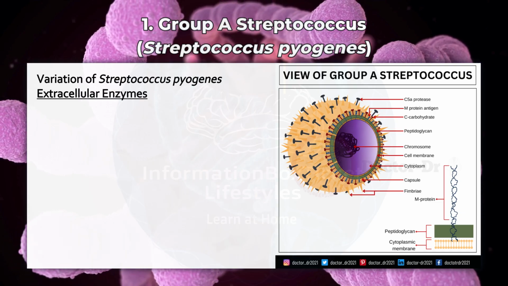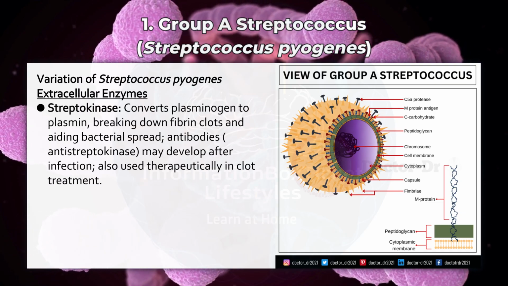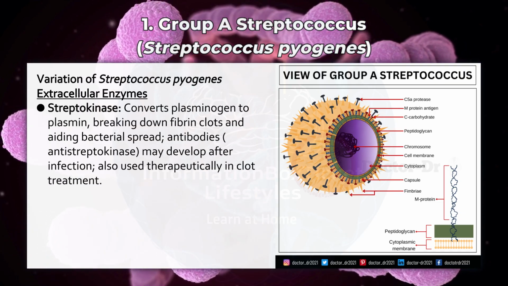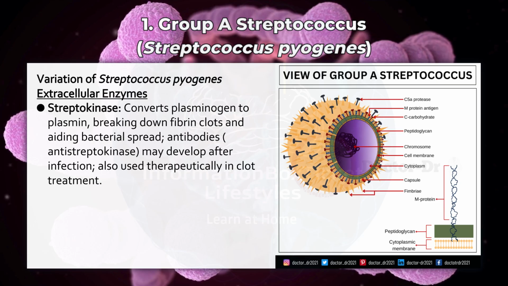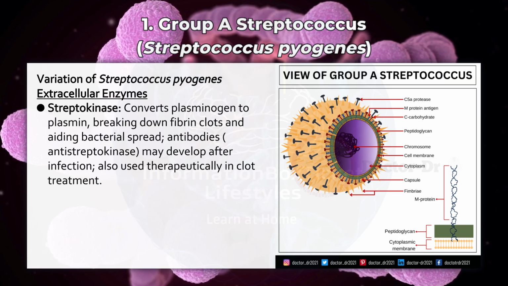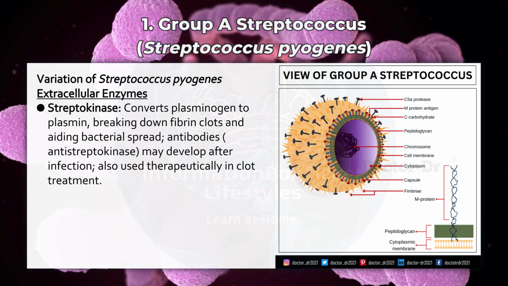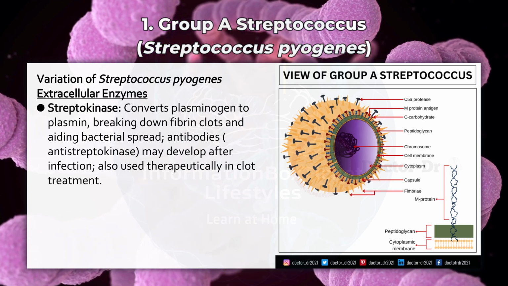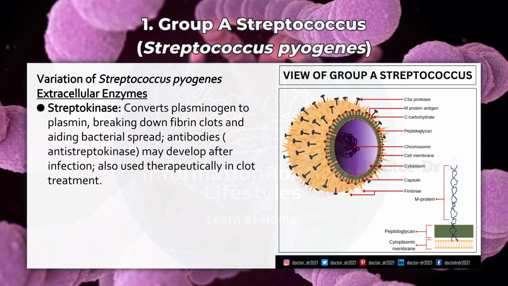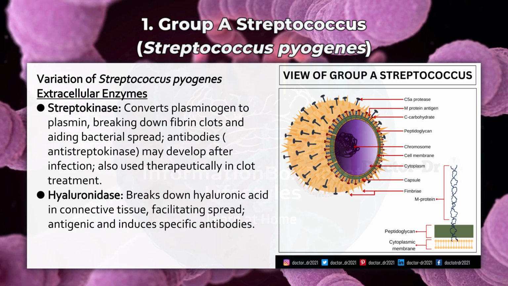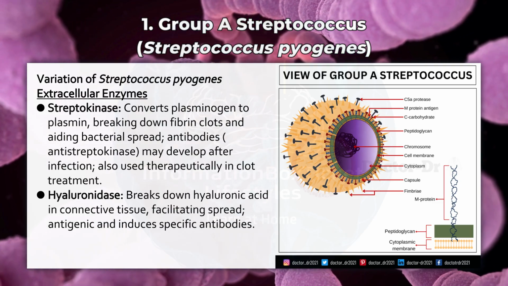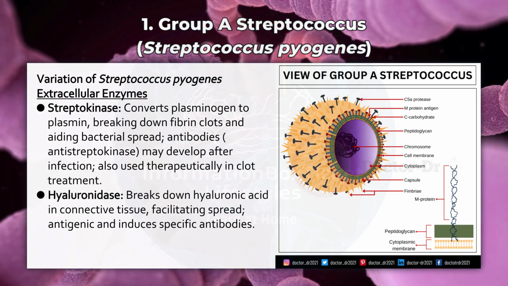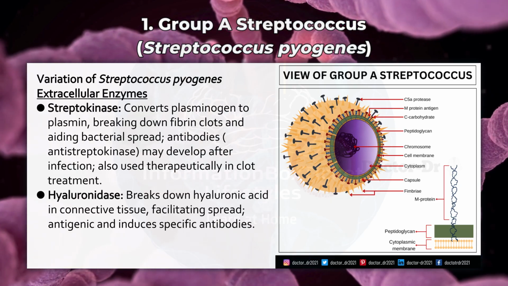Extracellular enzymes. Streptokinase converts plasminogen to plasmin, breaking down fibrin clots and aiding bacterial spread. Antibodies: anti-streptokinase may develop after infection, and streptokinase is also used therapeutically in clot treatment. Hyaluronidase breaks down hyaluronic acid in connective tissue, facilitating spread.